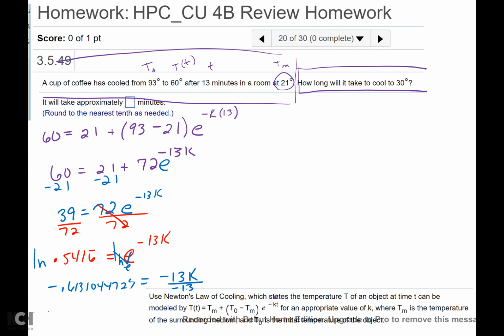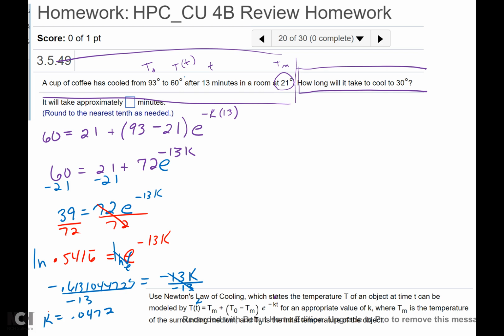So to get k, I'm going to divide by negative 13. And I get, for my cooling rate, 0.0472 if I round.